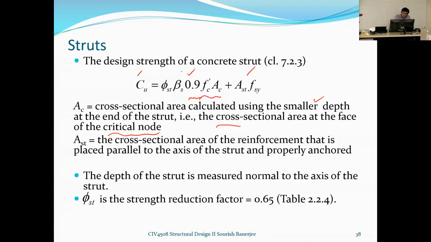And then you have this beta s, which is called the strut efficiency factor. We'll come into that in a minute. And then you have phi ST, which is a strength reduction factor, which is 0.65.